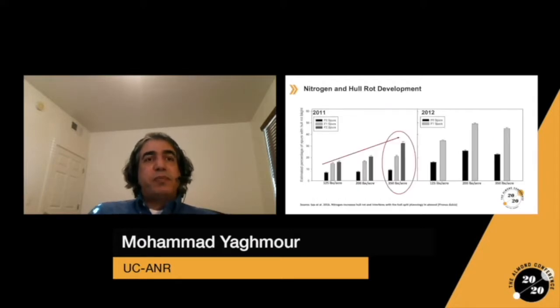So moving on, we also know that increased nitrogen fertilization has caused an increase in hull rot disease incidence and severity. That work was done by Sebastian Saa, and had shown clearly that over-fertilization with nitrogen is going to increase the disease.